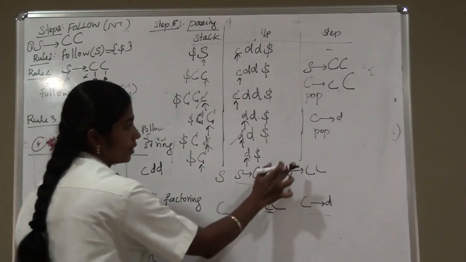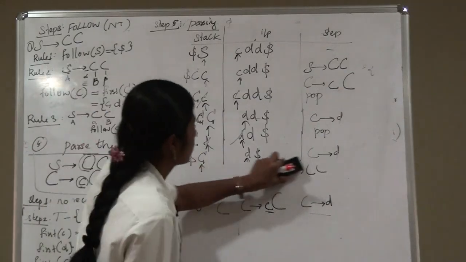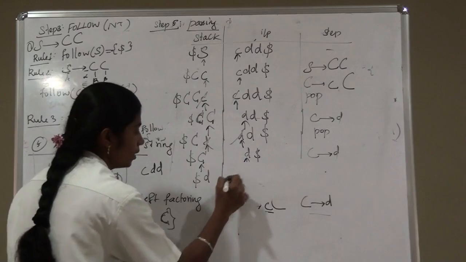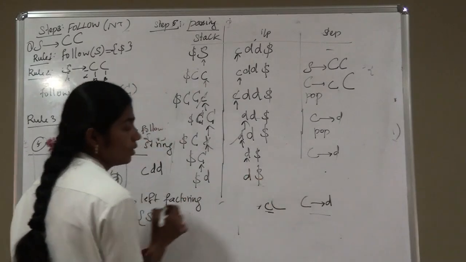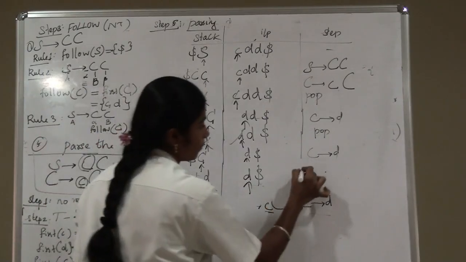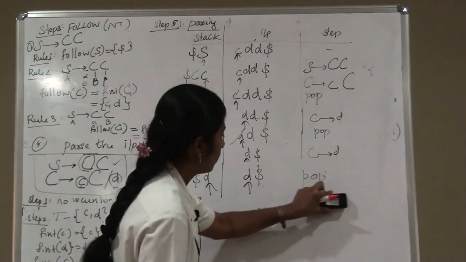The relation between capital C and d is C derives small d. So I have to replace this capital C by d, and in the input you have d dollar. Now your top of stack and the input are the same, so you have to pop the symbol out of the stack. So that will be popped.